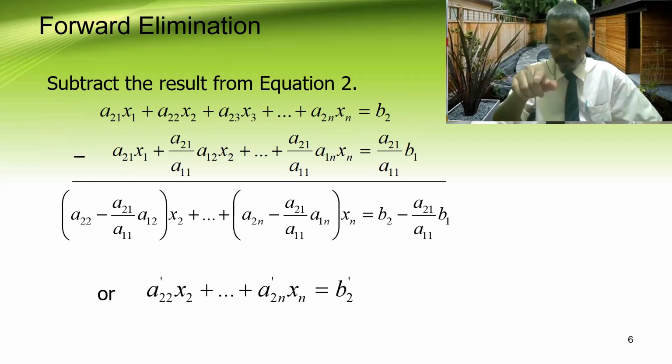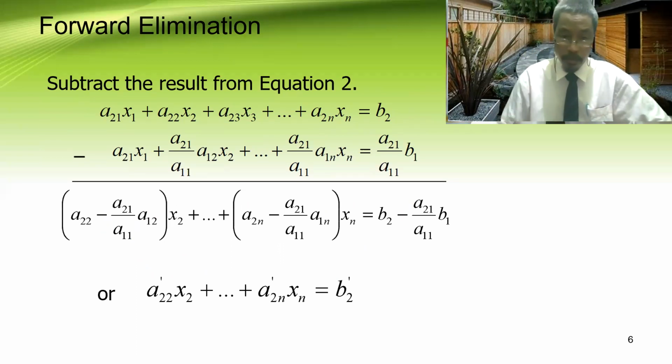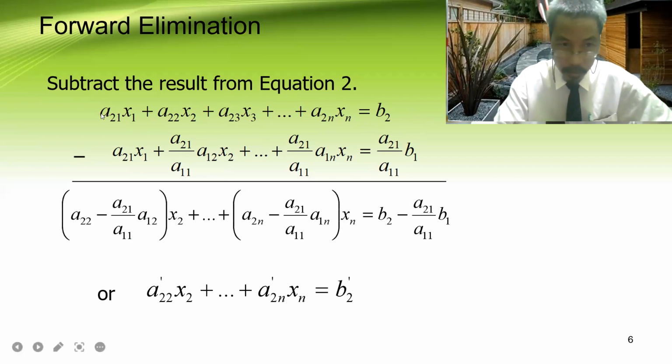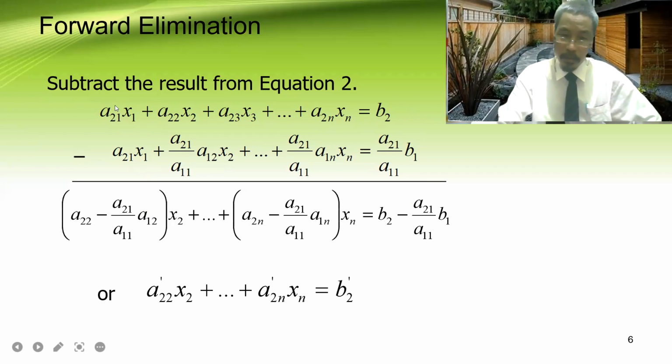This is the original equation 2. It will change because we subtract the result of step 1, okay, from equation 2. So let us subtract. You will notice A21 x1, A21 x1. So if you subtract, this will cancel out. This will become 0. So there is no coefficient, 0 coefficient for variable x1.